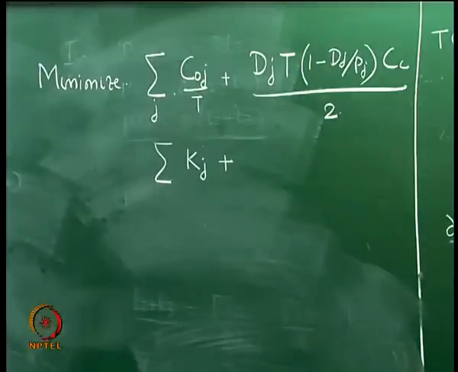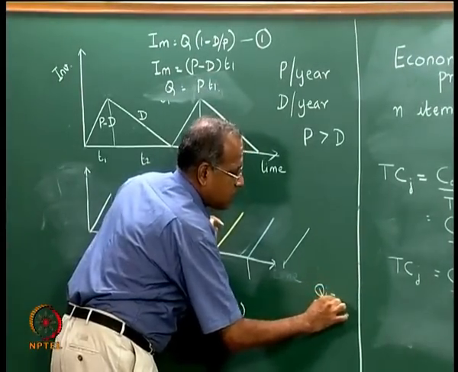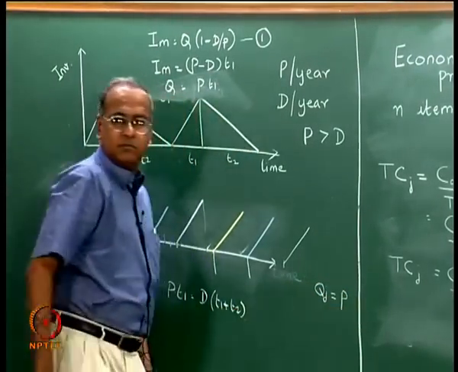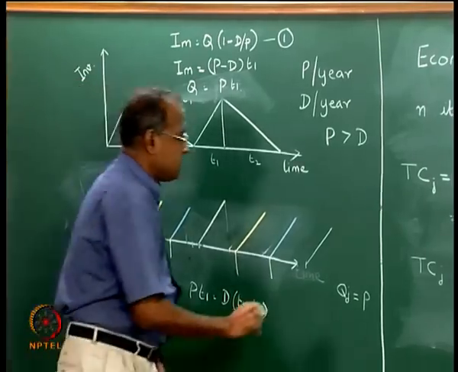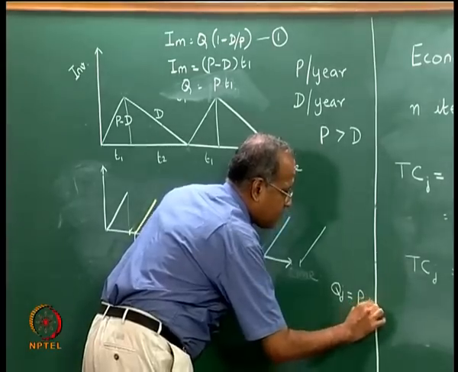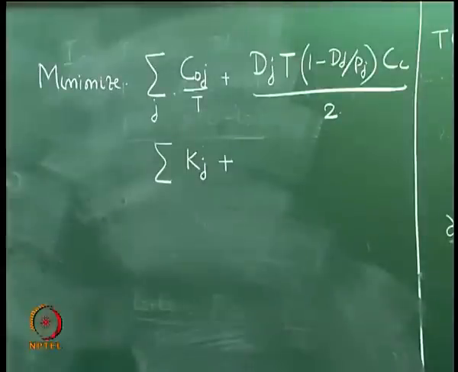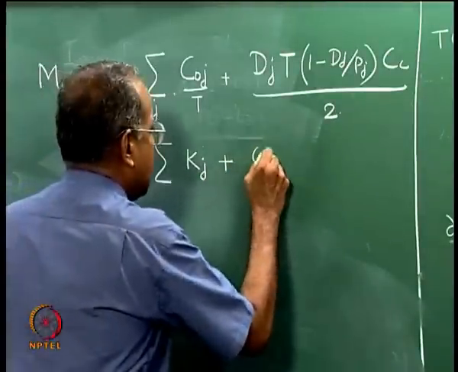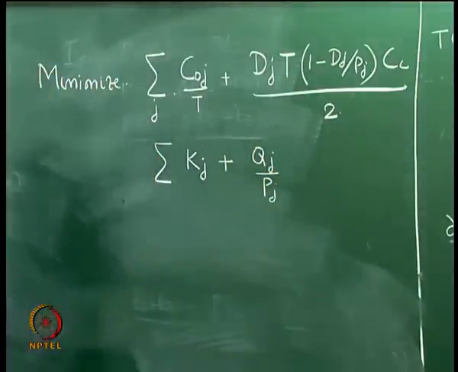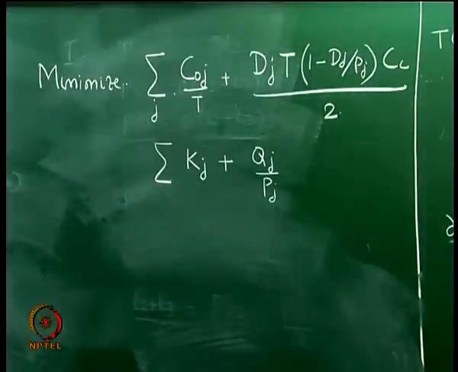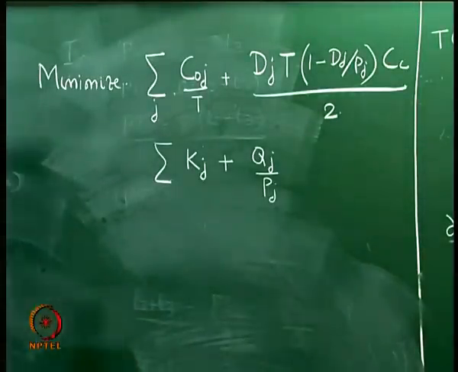Production quantity is Qj, Qj is equal to P into T1, T1 is the production time. So, Pj into T1, so T1 is equal to Qj by Pj. So, production time is Qj by Pj, and Qj is DTj.